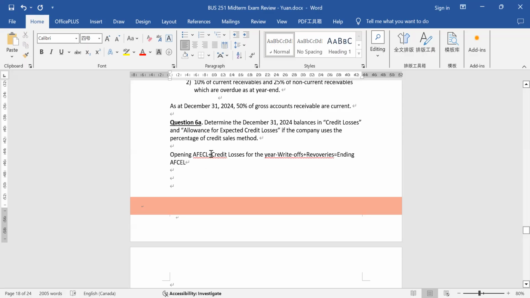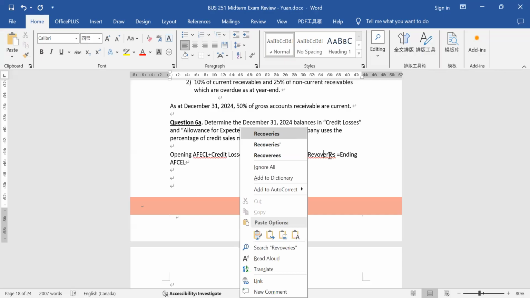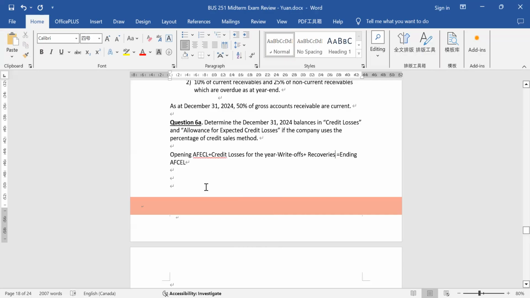You put this equation here, and please pay attention and just add this recoveries one time here. You don't subtract it, right? You put this equation here as a reminder for you.